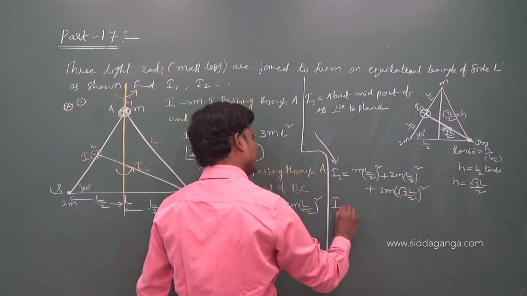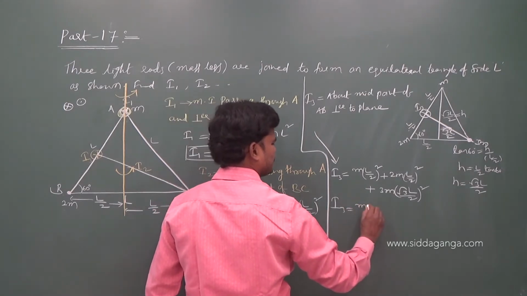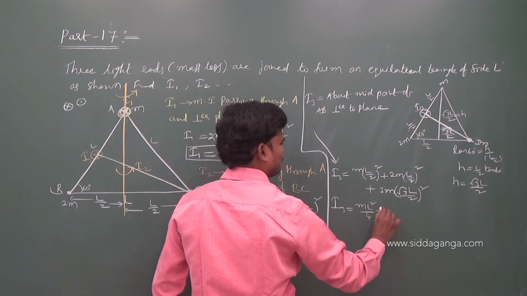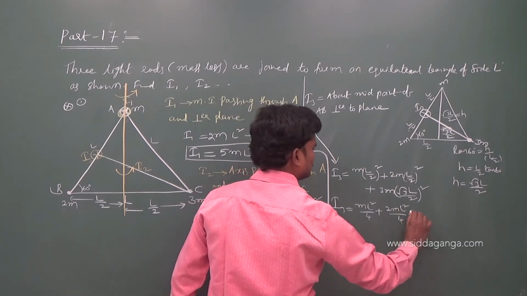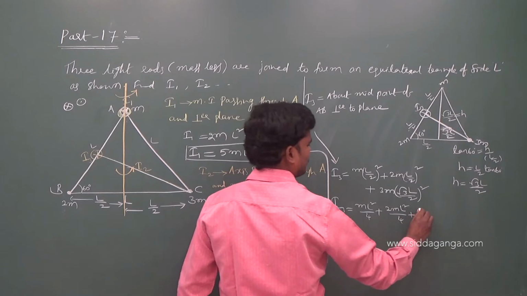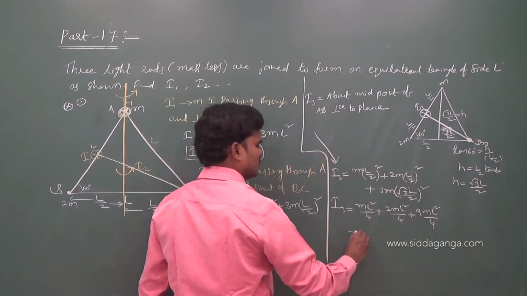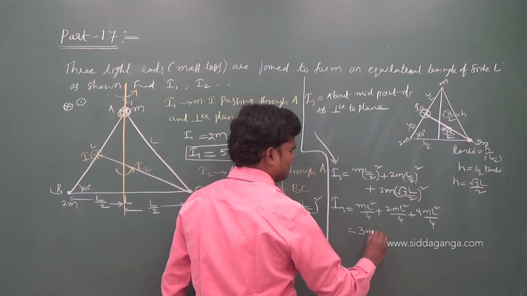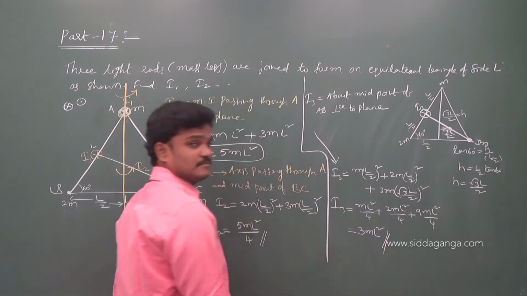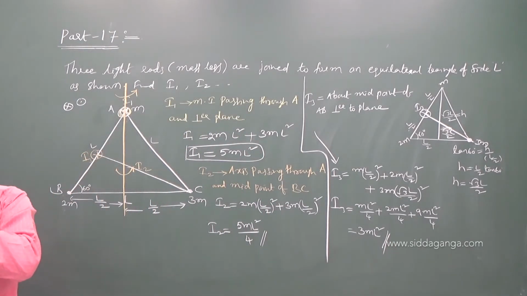Then you verify the calculations: ml square by 4 plus 2 ml square by 4 plus 9 ml square by 4. 9, 10, 12 by 4, so 3 ml square. Check it. About I3, 3 ml square.